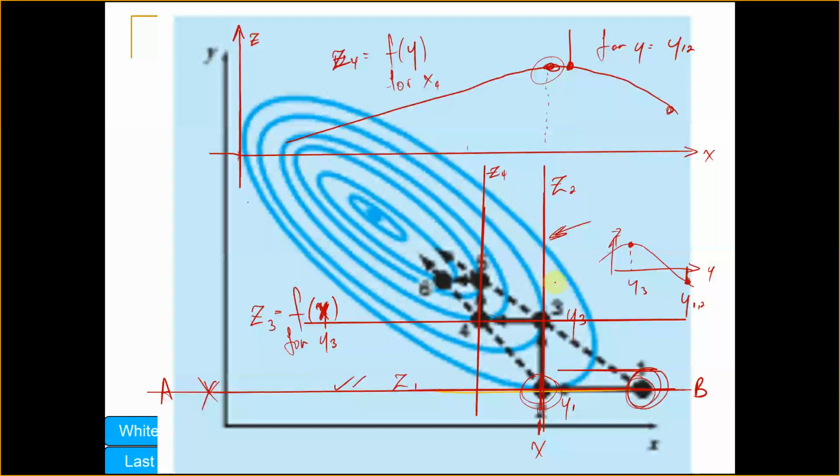But after you do 4 iterative steps, you can project 2 lines and use those 2 lines to estimate where the center might be. It's just 2 straight lines. It may not be the peak, but it's a quick way to get to where the peak may be. And then you do univariate again from that location.